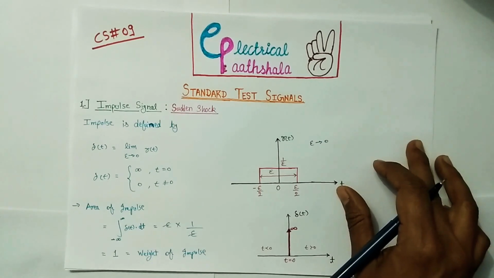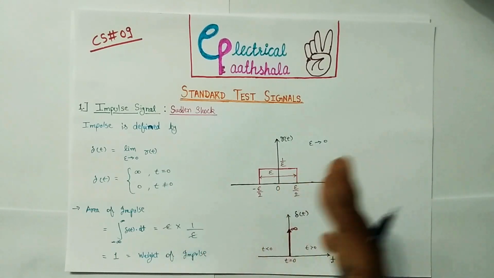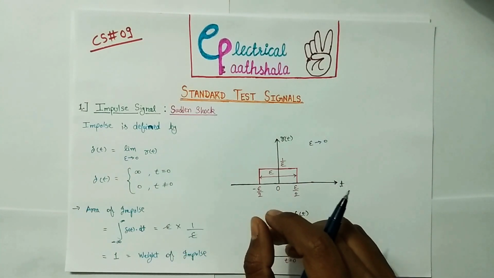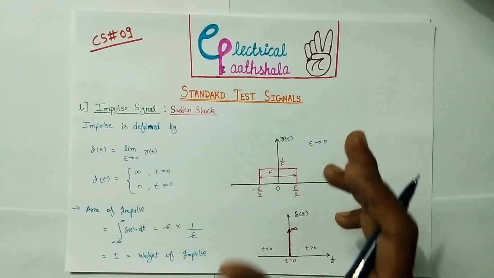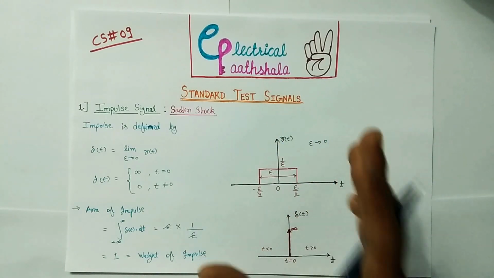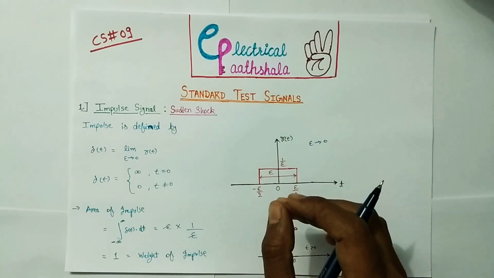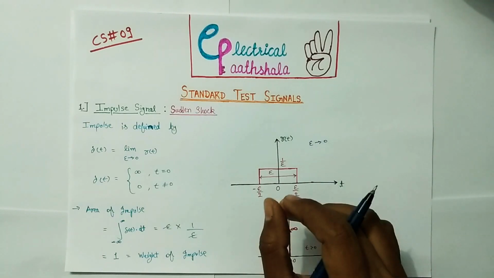But guys, in control system subject, we cannot take magnitude of impulse signal to be infinite. Why? The answer lies in the definition of stability. So definition of stability says that stability is the ability of a system to recover from sudden shock. Suppose a system is subjected to a sudden shock, then it will deviate from its initial working state.